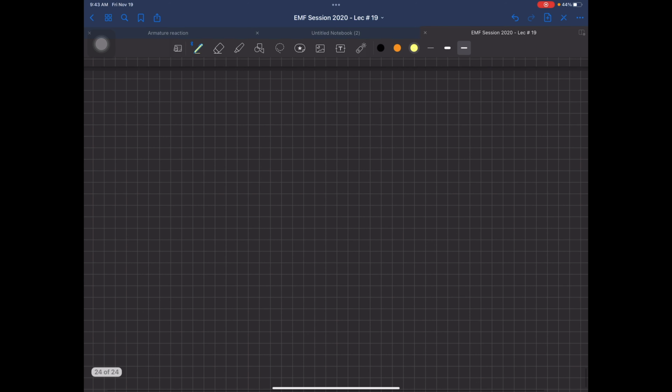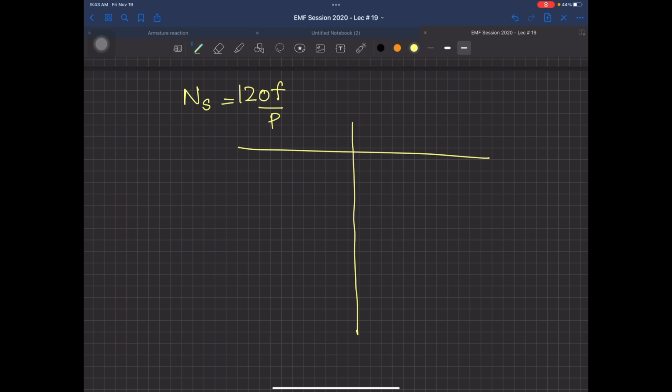So I have a formula, 120 F by P, and this is called NS. S is a subscript, and we use it for synchronous and also for induction machines. So now, if you have the number of poles here, you have NS here. If you have 2 poles, what is the speed NS?